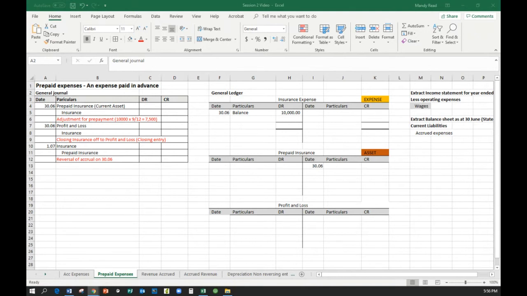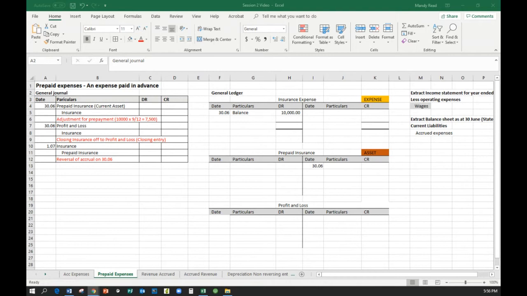The payment was recorded by debiting the expense account. At the end of the accounting period, it is the 30th of June 2019, and balance day adjustments will be made. What you need to do is the general journal entries to record the adjustment and its reversal, and the general ledger accounts and the extracts from the income statements.